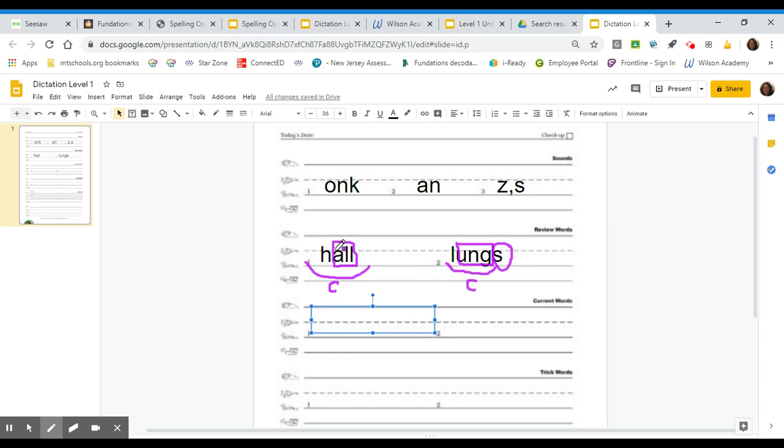Okay, boys and girls, so the correct spelling is L, and then you have that glued sound, U-N-G, and you add your suffix S. So lung, lungs. Make sure that your markup looks like mine.